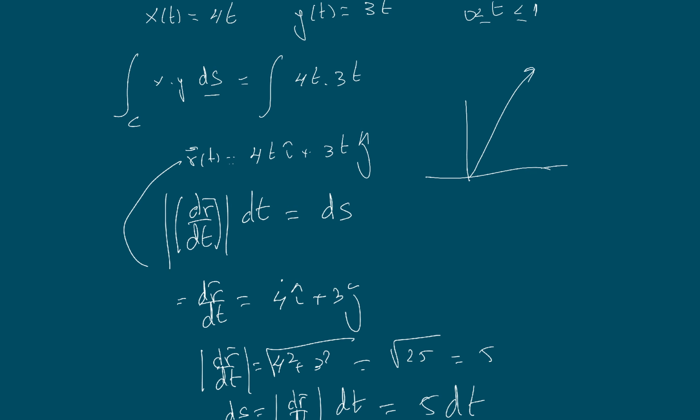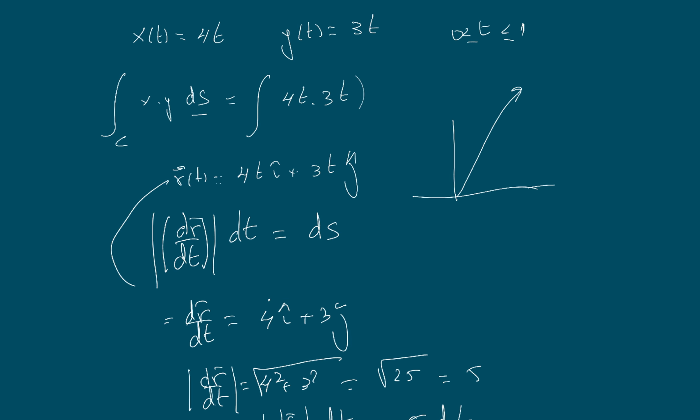So now I can do the problem. 4t by 3t by ds, 5 times dt. Now it's easy. So the integral will be 4 by 3 is 12, t squared, 12 by 5 is 60, t squared, between t equals 0 and t equals 1.